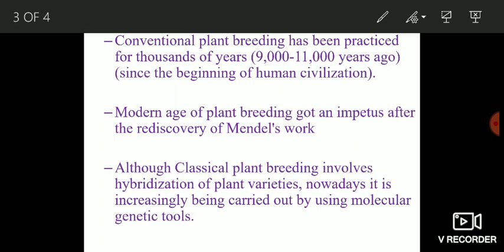The major focus of classical plant breeding was to hybridize different varieties so as to get a high yielding variety. But nowadays, we are using molecular genetic tools and genetic engineering techniques for the same purpose.